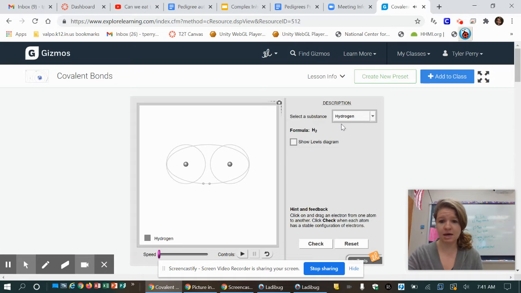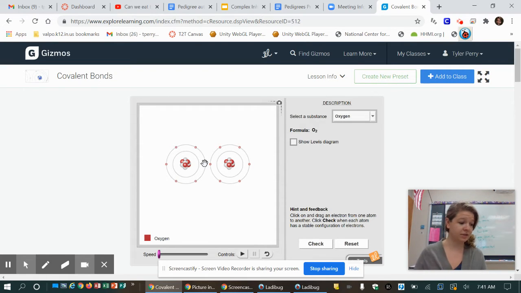Let's take oxygen, for example. Now, oxygen, we know, let's show our Lewis diagram. Well, that's already showing our bond. So oxygen, we know, has 1, 2, 3, 4, 5, 6 electrons. Let's count it to make sure. 1, 2, 3, 4, 5, 6 electrons.